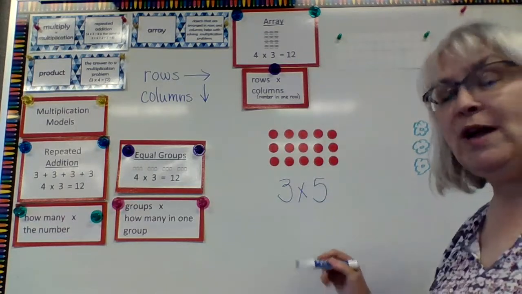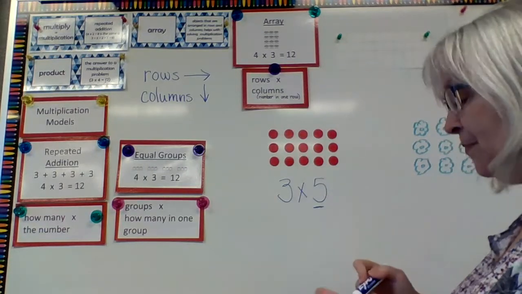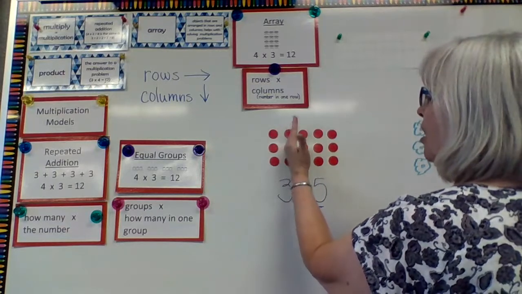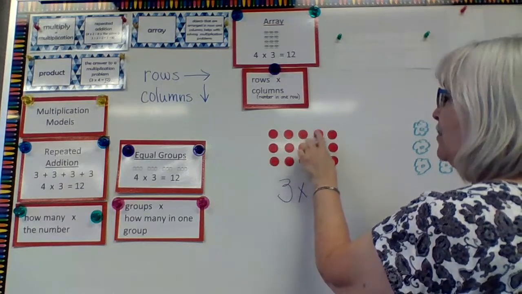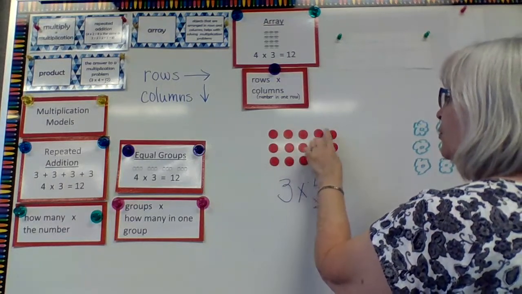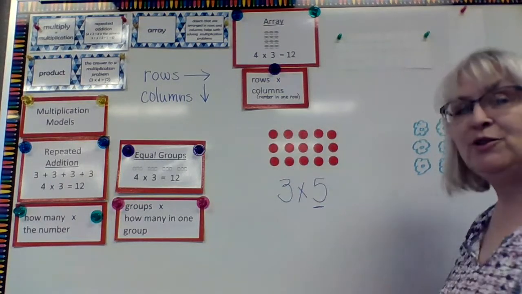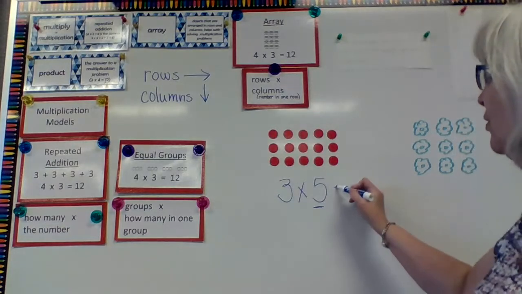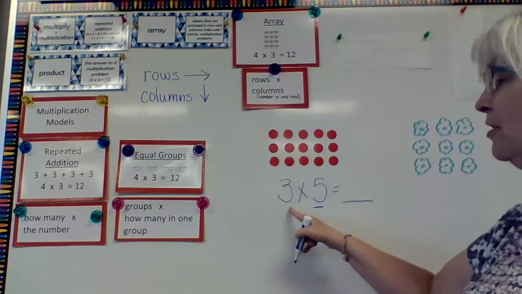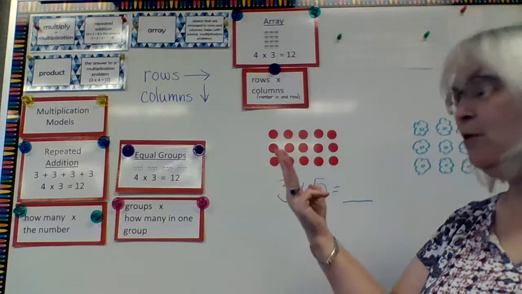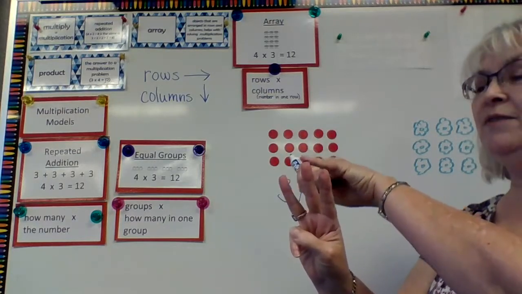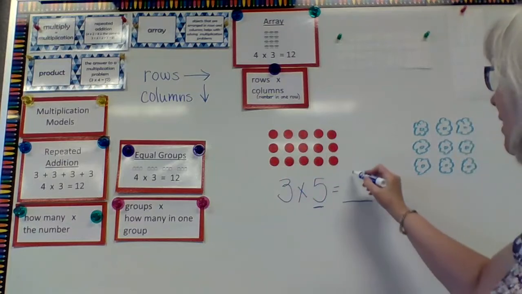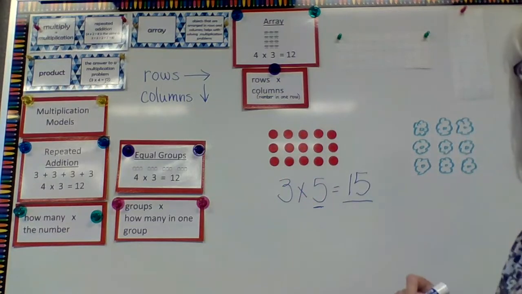Another way to think about the columns, since they all start at the top in a nice straight line, is to count how many are in one row, 1, 2, 3, 4, 5, the top row. That tells you how many columns. If it's 3 rows of 5, then we count by fives, 5, 10, 15. 3 times 5 equals 15.